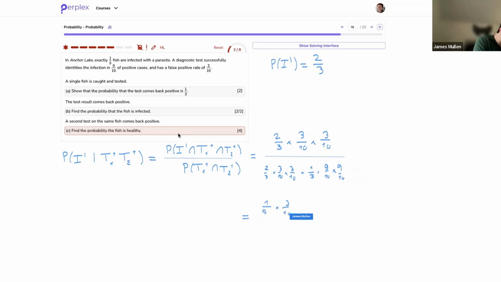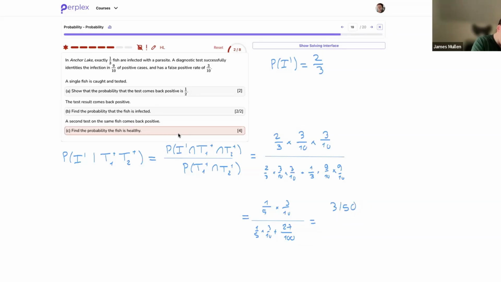And that is going to be divided by, let's simplify as much as I can. I have that same probability, and remember the first part in the sum is the same thing, so it's 1 out of 5 times 3 out of 10. And then I'm adding, well, I have 1 out of 3 times 9 out of 10 is 3 out of 10, then times 9 out of 10 again, so that's going to be 27 out of 100. All right, and now in the numerator, I'm going to make this 3 out of 50.